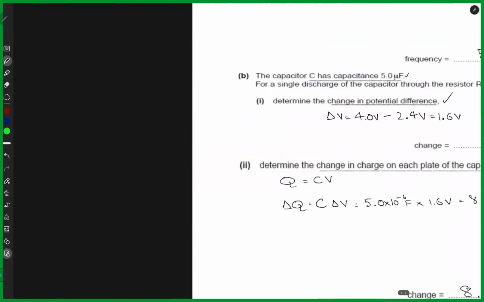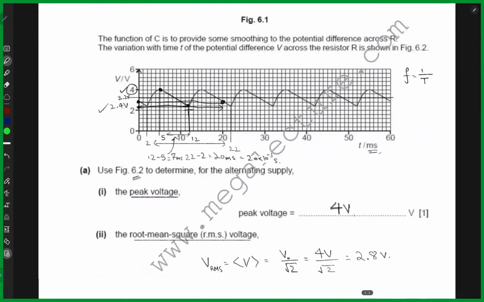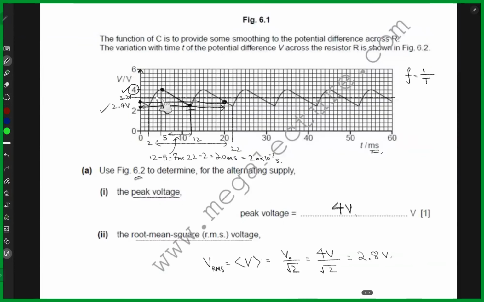So if you go back over here in this figure, what would be the average voltage? Remember, for example, if I have this graph, you know what the average of this graph is, right? The average voltage of this graph lies at the center, which is 0.